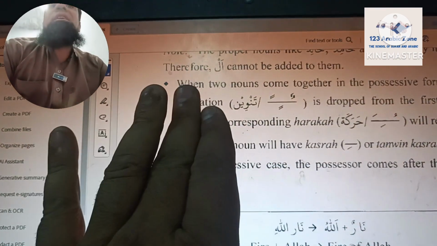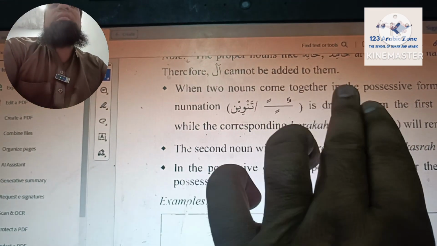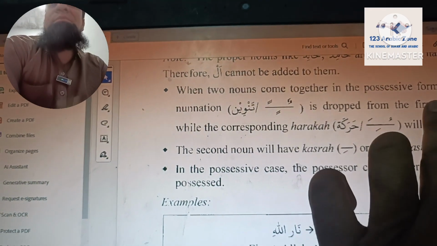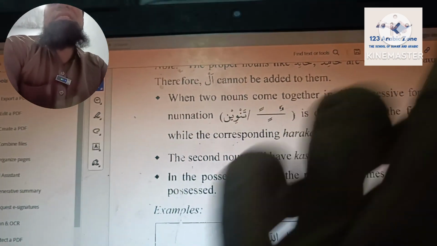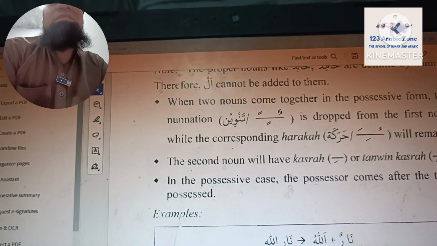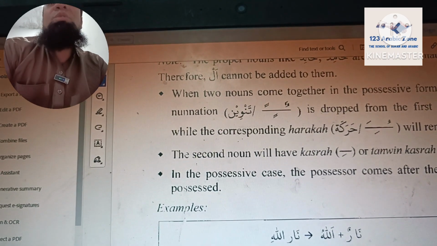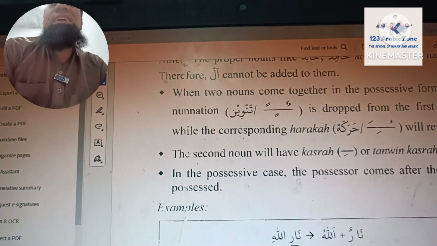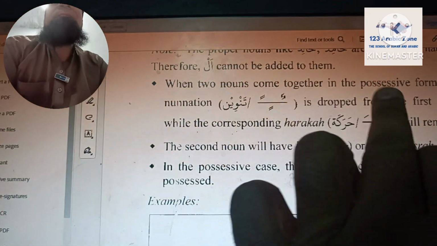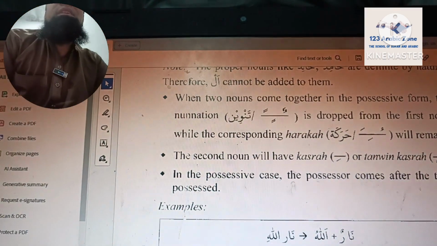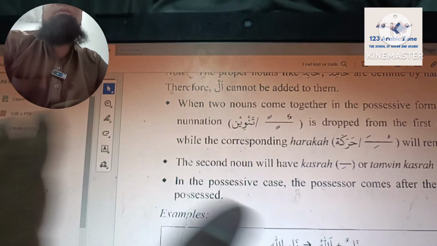When two nouns come together in the possessive form, the nunation is dropped from the first noun. Narullahi. We will not say narun Allahi. So it's a possessive: the fire of Allah, narullahi.